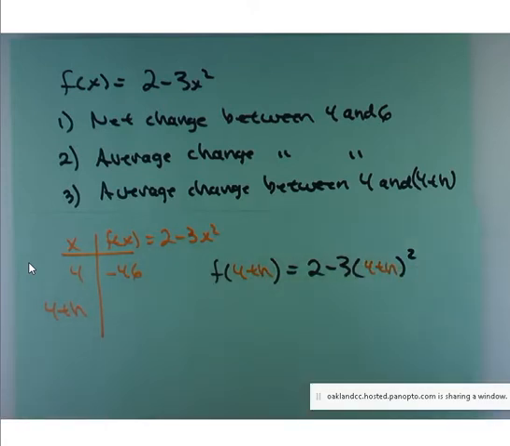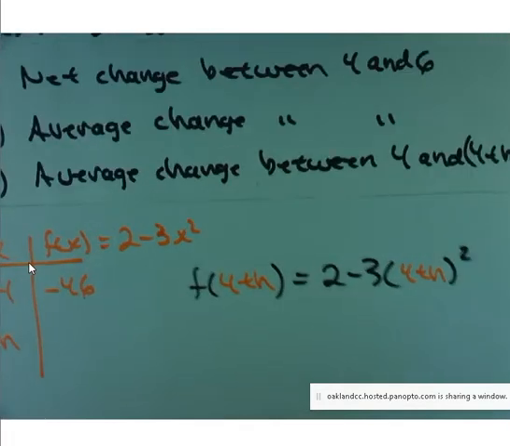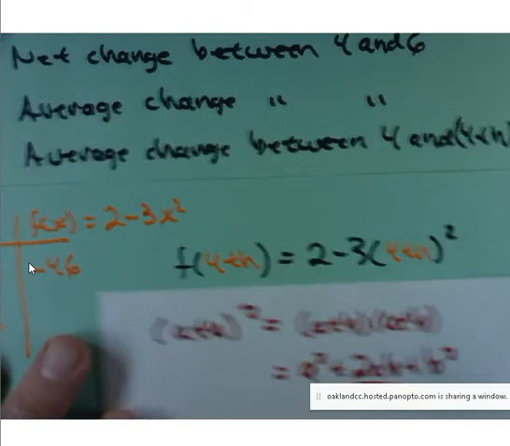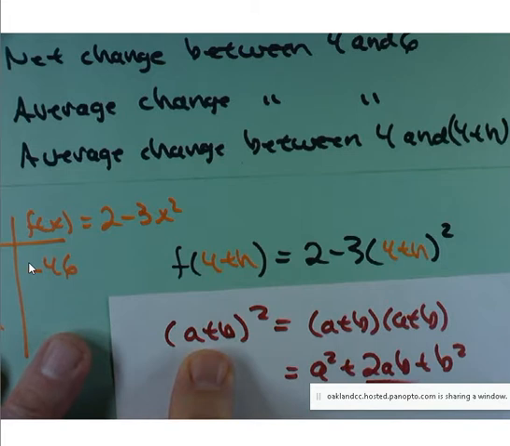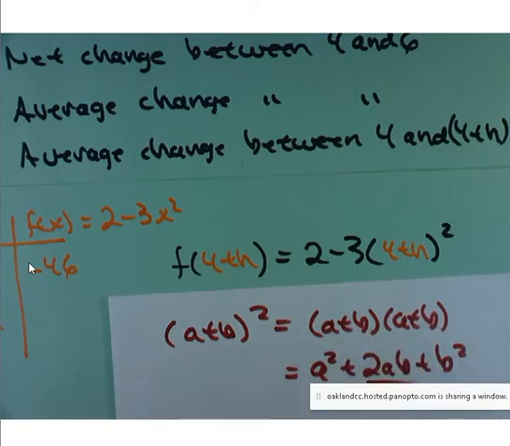Now, in doing this one out, you're going to square binomials so much that it's probably in your best interest to be kind of good at that stuff. And if you actually took the time to FOIL this out, multiply a plus b times a plus b, you get a squared plus ab again. So you get that middle term twice, 2ab, and then the last term squared.